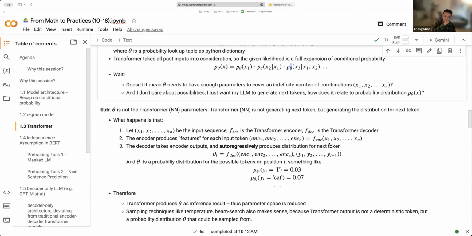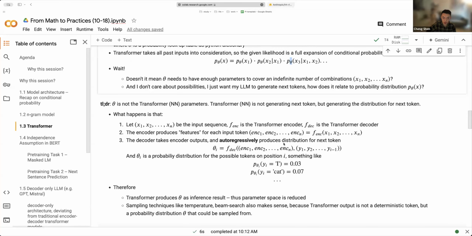Definitely. So the transformer, or all other types of neural networks we have, are used to produce the data. The process happens like this. We have this input sequence from X1 to Xn. In a transformer, we have the encoder and decoder. The encoder processes X1 to Xn and produces output features for every input token. The decoder has the cross attention in the transformer.